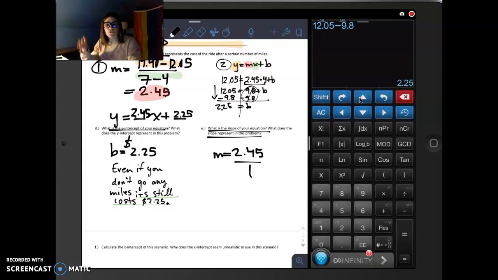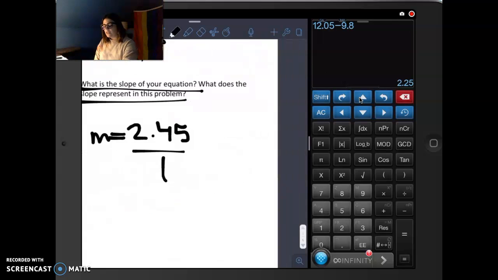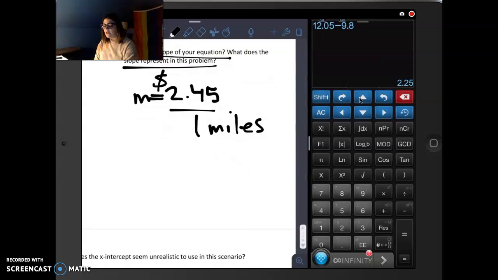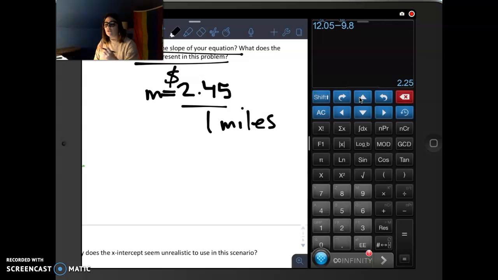We say it's over 1, even though there is no number underneath it, because it's a secret one. Any number can be divided by 1 and be the same number. Now we're going to think about the y units, which is money, over the x units, which is miles. And now it becomes fairly clear. It is $2.45 per each mile that you go in the Uber.